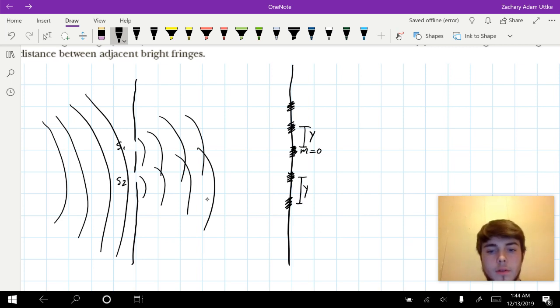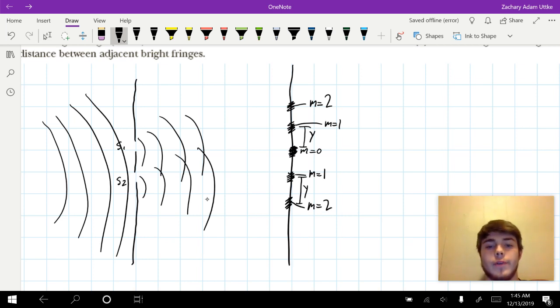and that's the same distance from here to here. So this central bright fringe is m equals 0, the next one is m equals 1, the next one m equals 2, and so on. So here, m equals 1, m equals 2, and so on.